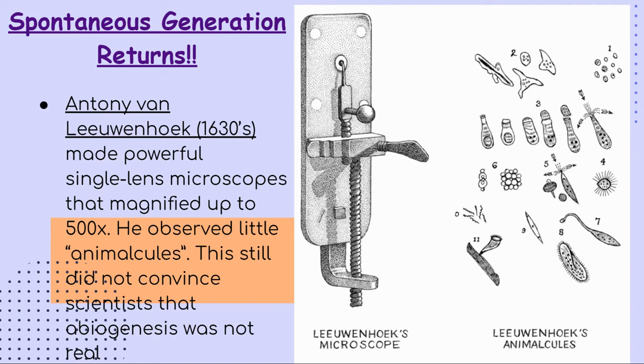Unfortunately, even though he saw these animalcules by looking at water, and he also scraped his teeth and looked at what he got from scraping his teeth, although now technically bacteria was discovered, scientists still thought abiogenesis was a thing. They thought these little bacteria were just erupting from nothing. So even though we now know there is bacteria, or what we now call bacteria, they still believed in abiogenesis.